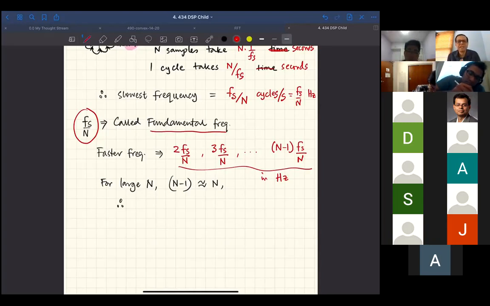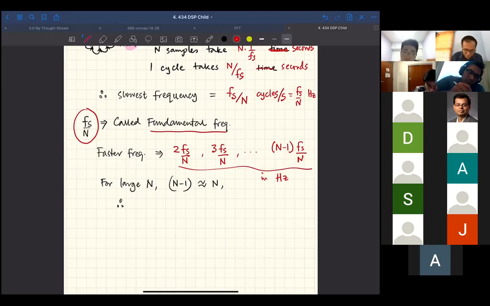So now typically you take pretty large n. N is typically of the order of 1,000. So if you take n as 1,000 samples, that means your signal is now a 1,000 dimensional vector. If your n is very large, then n minus 1 is almost the same as n.